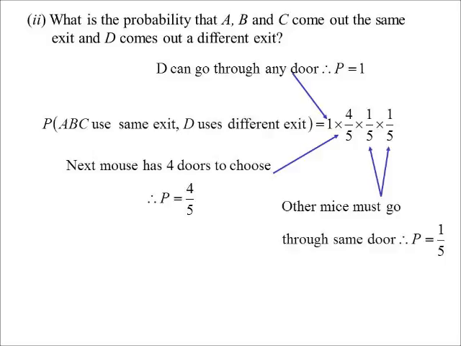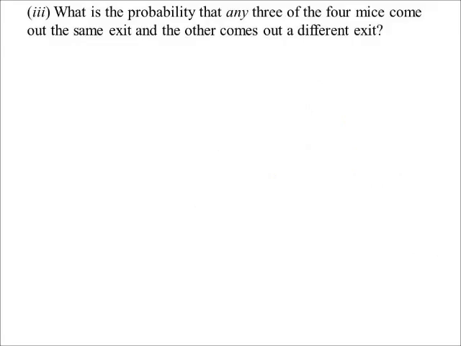Now the next one comes along, well, it wants to go through the same one as that second mouse. So it now has a chance of 1 in 5 of that happening. And then the last mouse also a 1 in 5 happening. Total probability of 4 in 125.